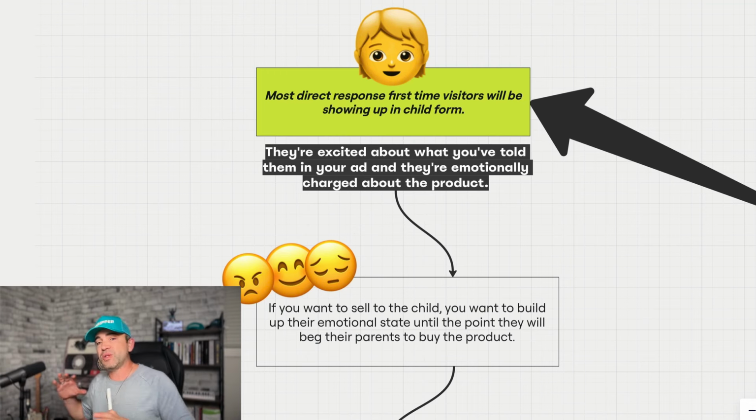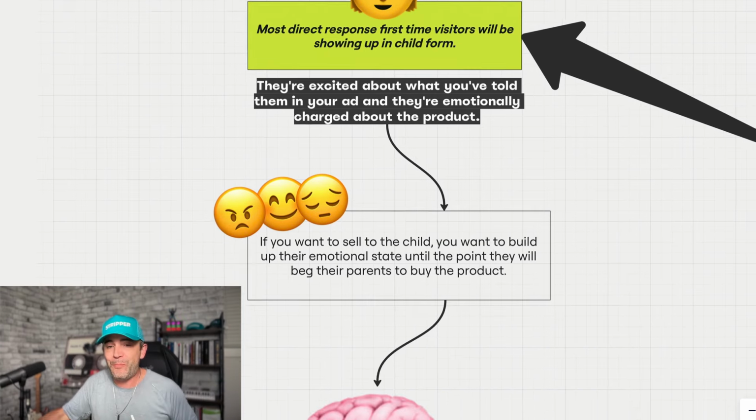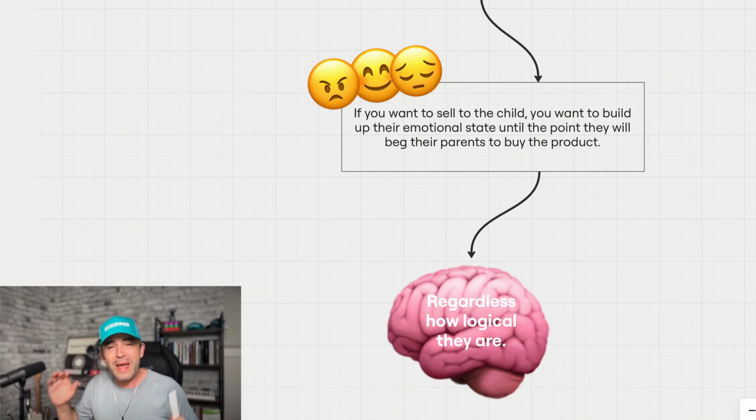They're excited about the potential outcome. They're emotionally charged about your product, and you want to continue to keep them in that state for as long as possible so that they beg their parents, which is also them, to buy the product.